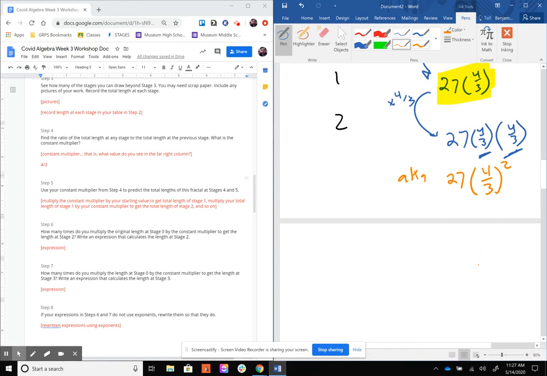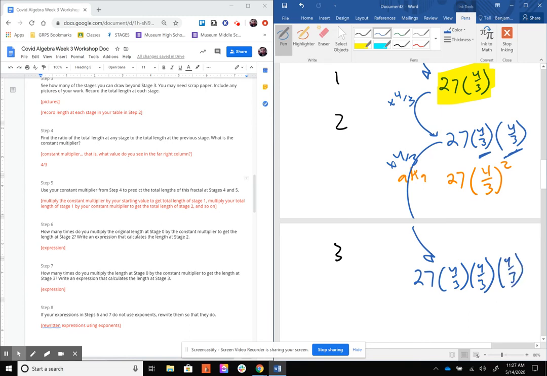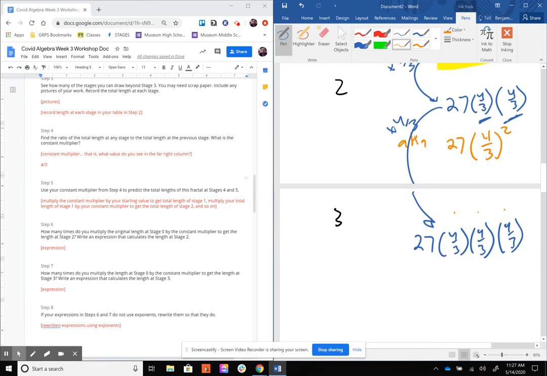Let's take a look at step 3. So I'm multiplying by 4/3 again to get to stage 3. And so I've got 27 times 4/3 times 4/3 times 4/3. Oh, that's interesting. So I've now got 1, 2, 3 of the same multiplication happening. So this is also able to be written as 27 times 4/3 to the third power.